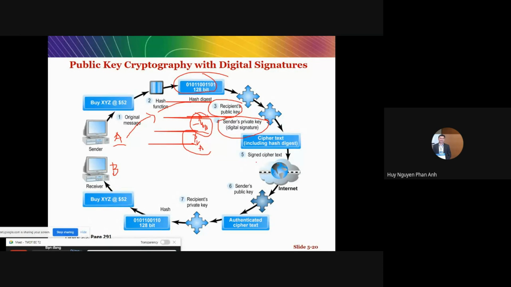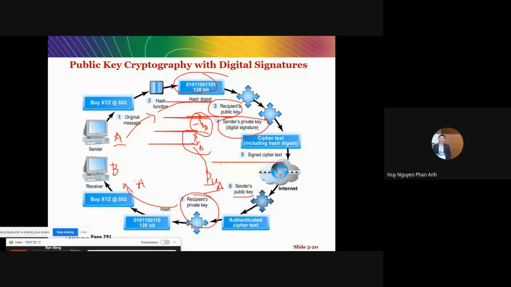And then they send it to B. Now B has the public key of A, right? Because it's public. So with the public key of A, they can verify that this is the message from A. So that's about the digital signature.